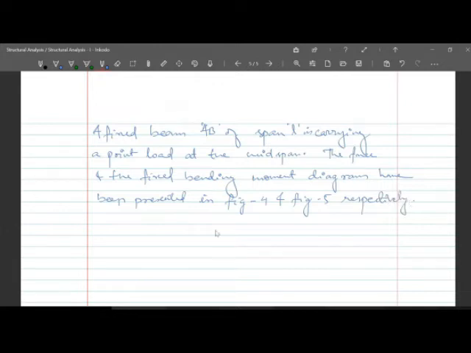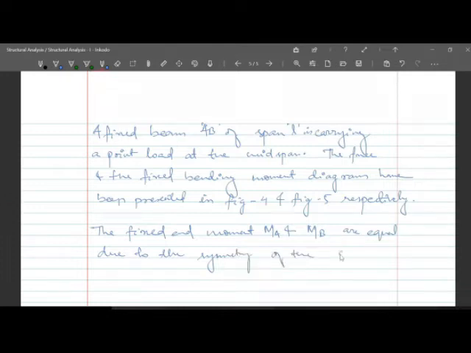Now, the fixed end moments MA and MB are equal due to the symmetry of the structure.